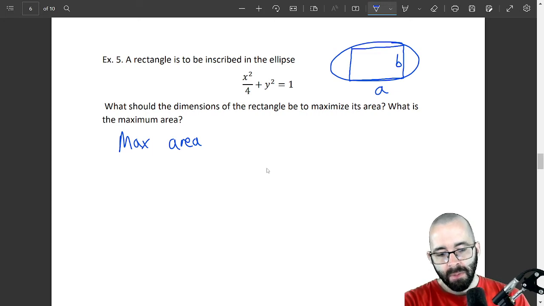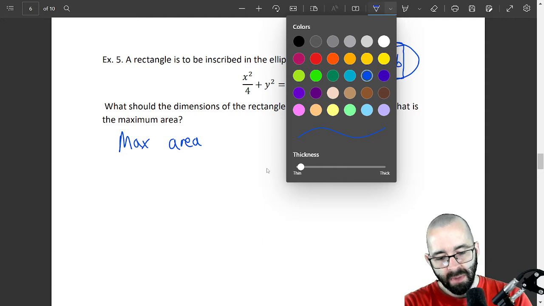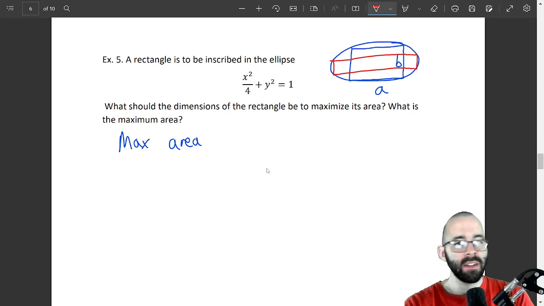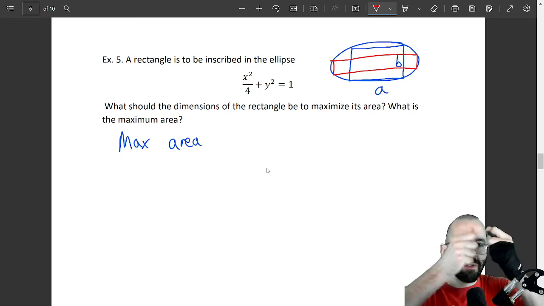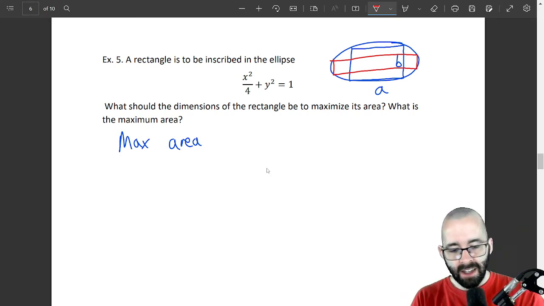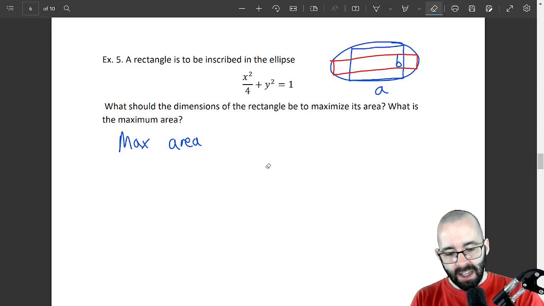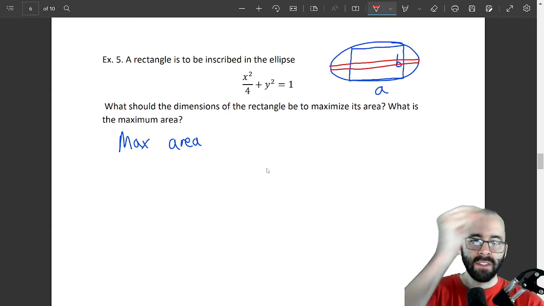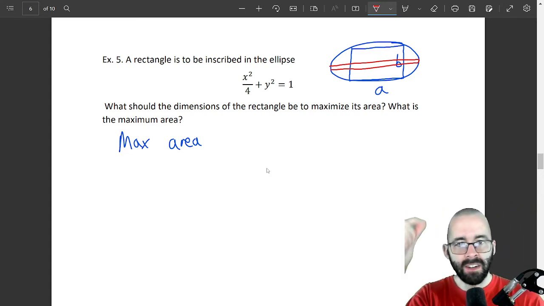All right, so the biggest the rectangle can be, because of course we don't know the dimensions, maybe it's inscribed like that, or maybe it's inscribed like this, right? Depending on what the height is, we can go further along the edges. And in fact, if we had a really, really thin rectangle, we could have this almost be a length of 4. The ellipse goes to +2 and -2.